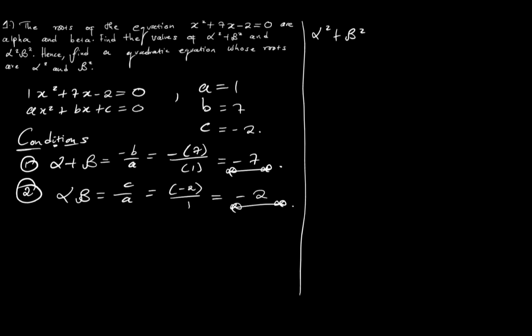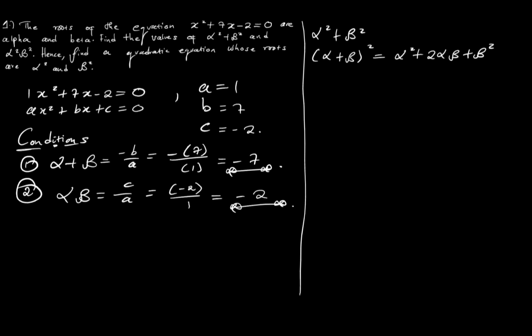Now, with that in mind, we can go back to what we need. We now want to find the value of alpha squared plus beta squared. In most cases we can derive this, but for those of you who already know the solution to alpha squared plus beta squared, you can always write it. Basically, how this came about was that you have alpha plus beta raised to 2. When you expand this, you have alpha squared plus 2 alpha beta plus beta squared.